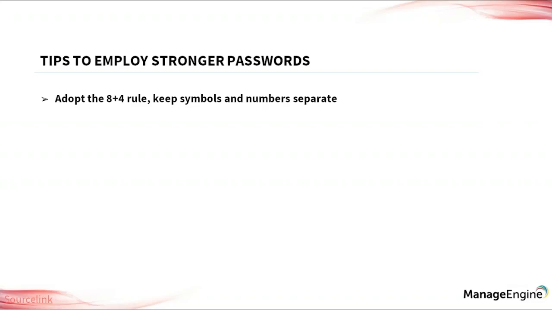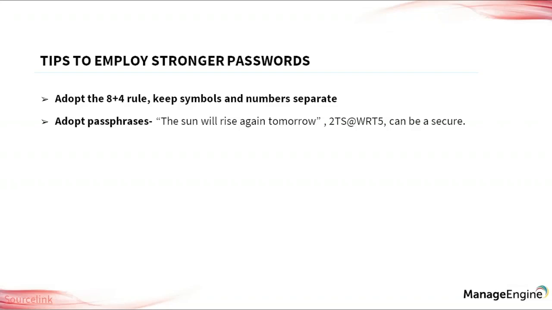Because password at 123 has all of these characters, but the pattern used is very easy to crack, very recognizable. And the second tip is adopt passphrases. For example, the sun will rise again tomorrow.